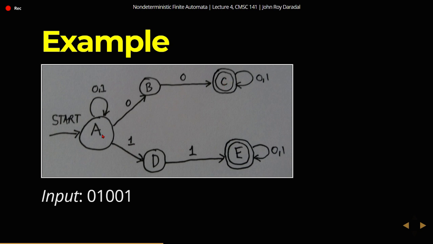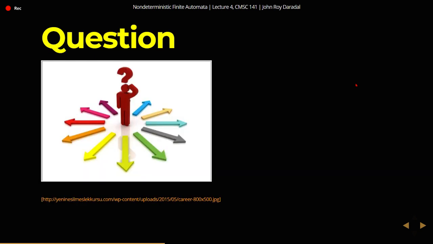Because it's an NFA, it's non-deterministic, there could be multiple ways that you could traverse the NFA, but as long as one of the paths leads to a final state, it is accepted. Again, the path was 0, 1, 0, 0, 1, so we ended up in the final state C, so that is accepted. That is how strings are accepted in the NFA.